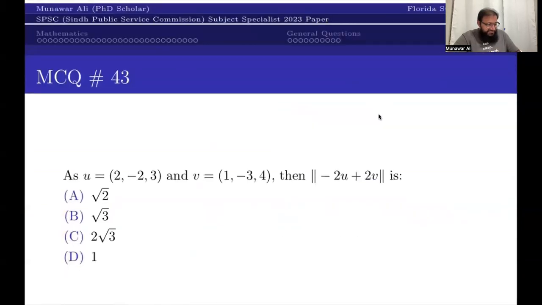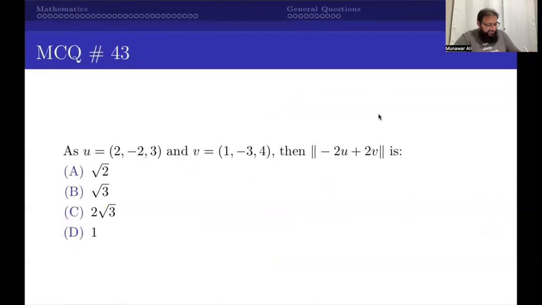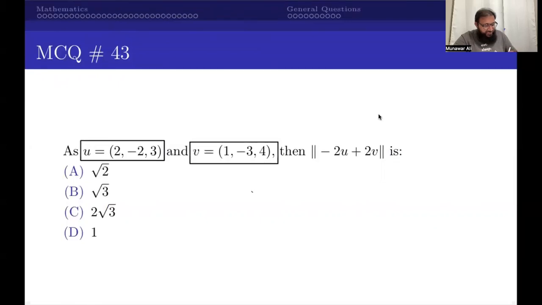Okay, so the next question is MCQ number 43, which is a very simple question. What we need to do, we are given U, you can see, and we are given V, but we have to find out the norm of this thing, which is simply, what am I doing?